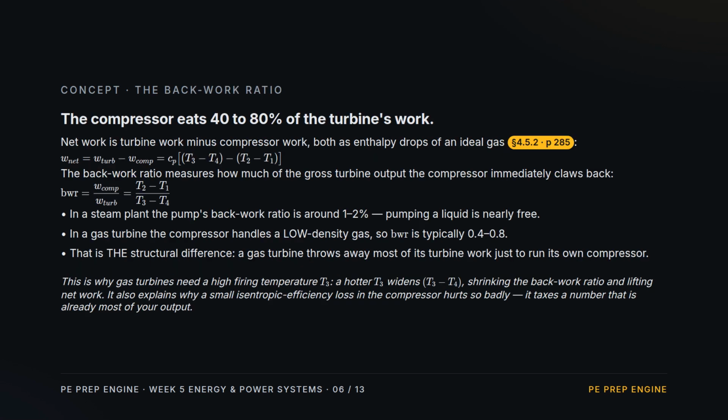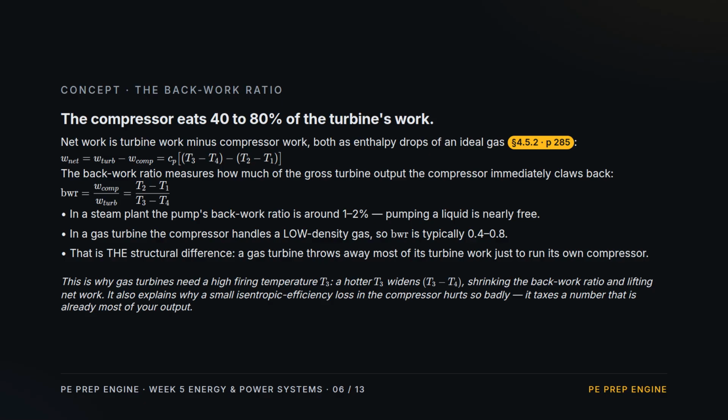Net work is turbine work minus compressor work, each a CP times a temperature drop. The back work ratio is compressor work over turbine work. How much of the gross output the compressor immediately claws back. In a steam plant, the pump's back work ratio is 1 or 2%. Pumping a liquid is nearly free.